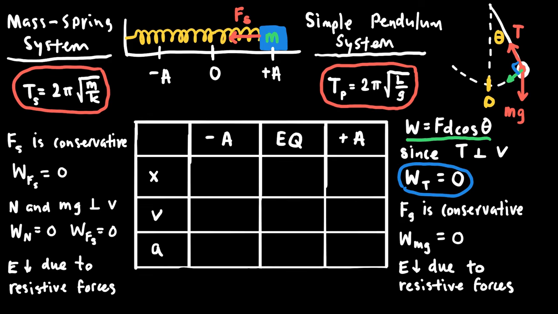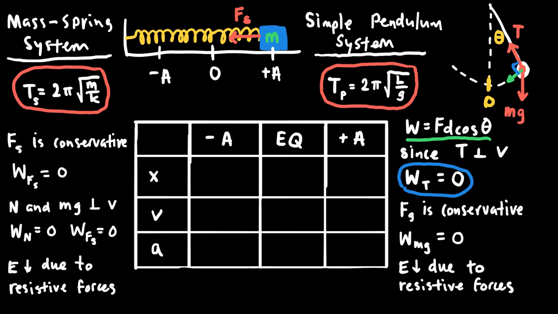Next, I want to talk about the gravitational force exerted on that pendulum. We know that the force of gravity is a conservative force. And if it's a conservative force, that means if I move from point A to point B back to point A, then the amount of work done by that conservative force should be equal to 0. A simpler, less technical way of understanding that is on the way down toward equilibrium, the gravitational force speeds up the mass.